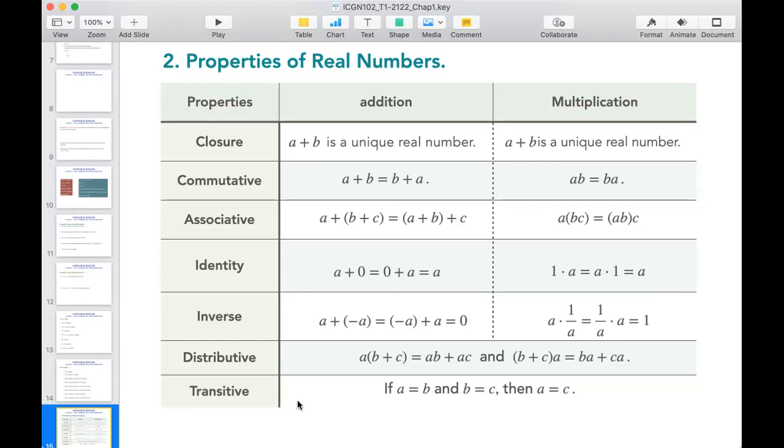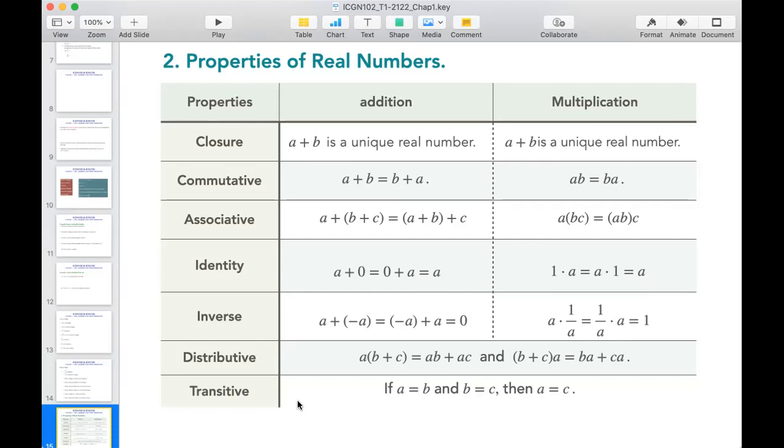Identity property. For the identity property, addition and multiplication have different values that make them become the identity. For addition, the identity is 0. You add 0 to any value, you get that value, right?